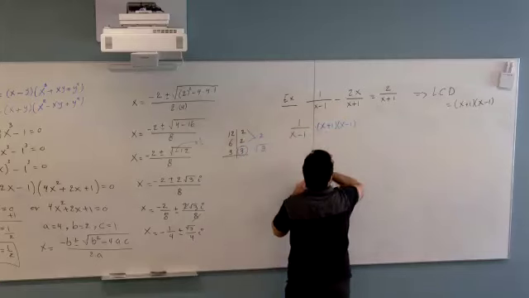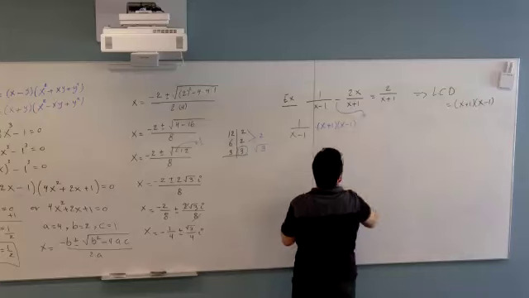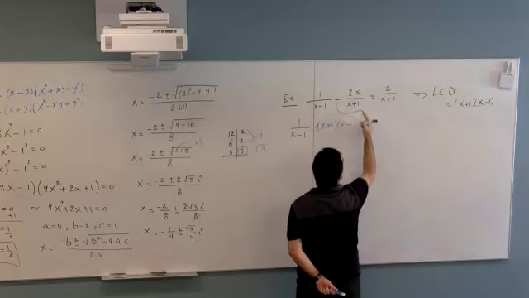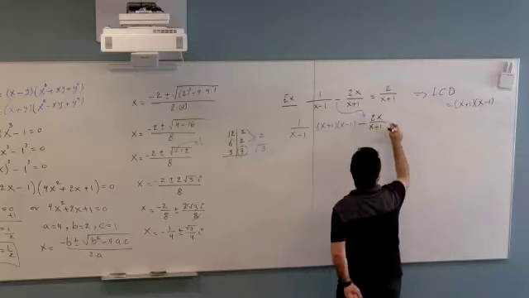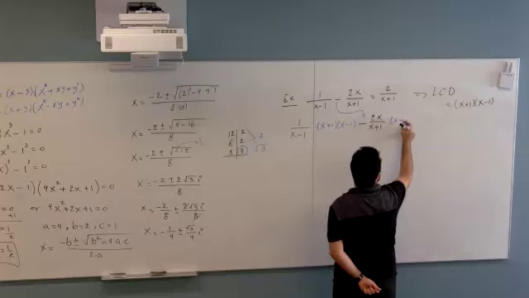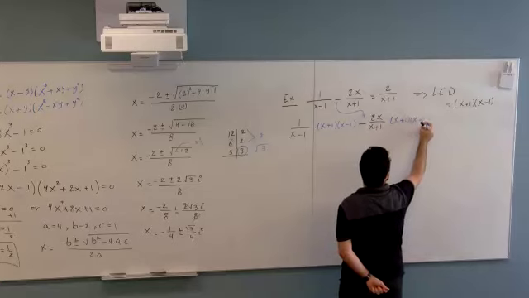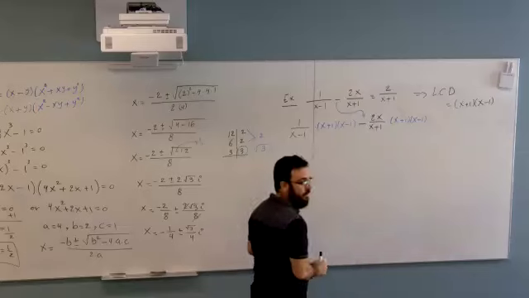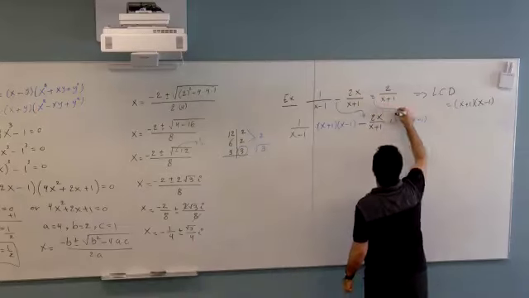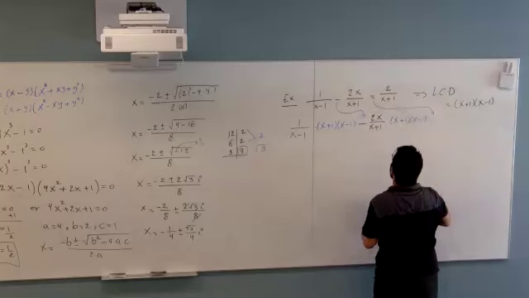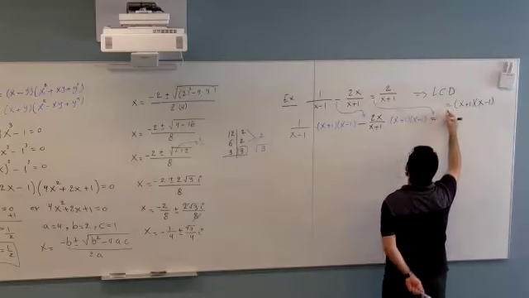Don't forget, here is the minus. So minus, the second term is 2x over x plus 1, times what? x plus 1, x minus 1. Is that okay so far? Where is the equal sign?